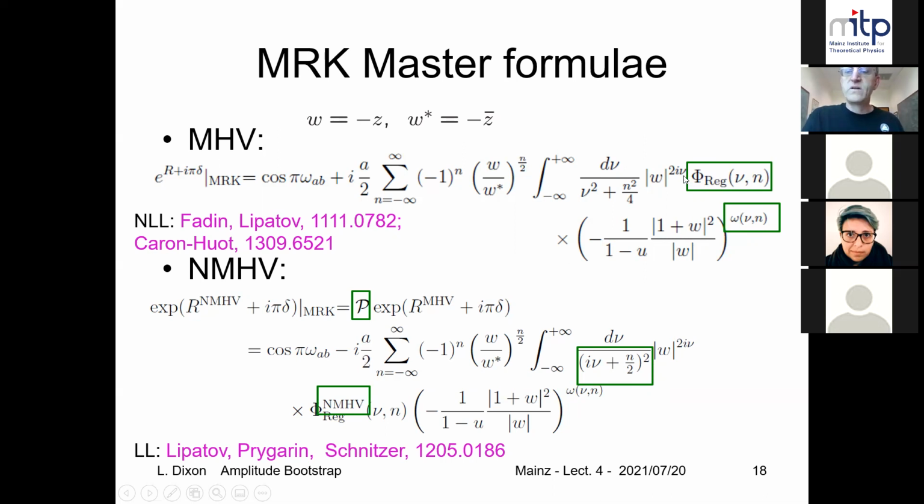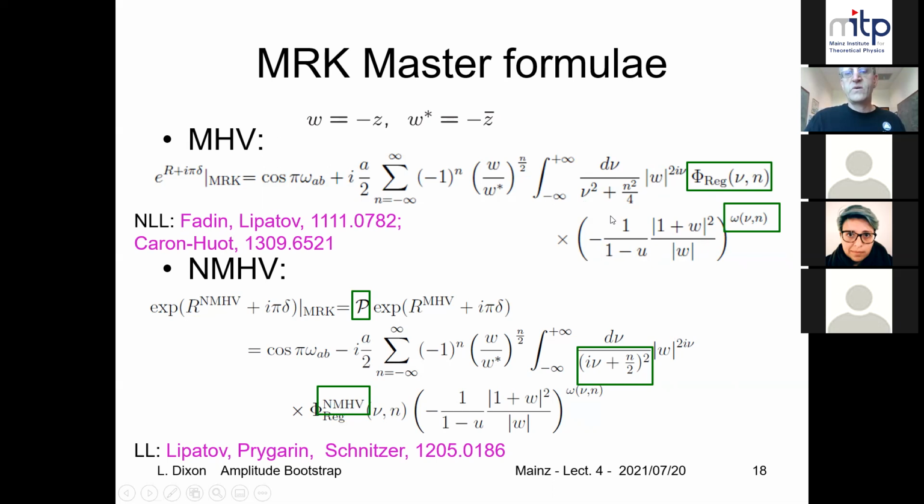And the product of those two things is called the impact factor. And it's given here, this phi reg. And there's a similar one in the NMHV case, which is quite closely related to it. These extra factors also differ slightly, and they could have been absorbed into these impact factors phi. So that's the rough structure.